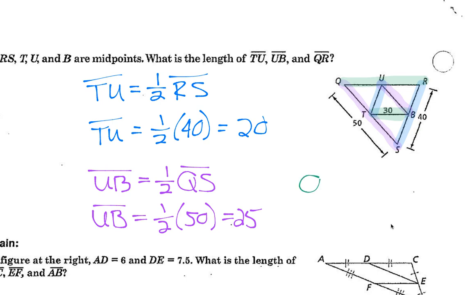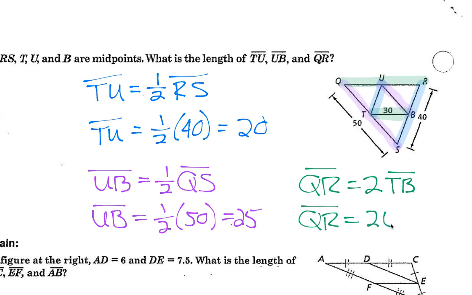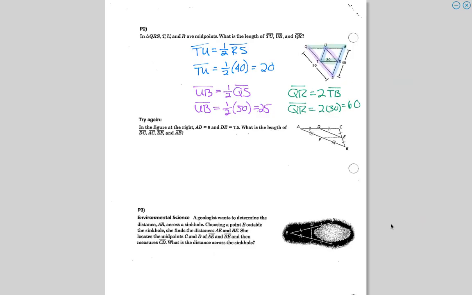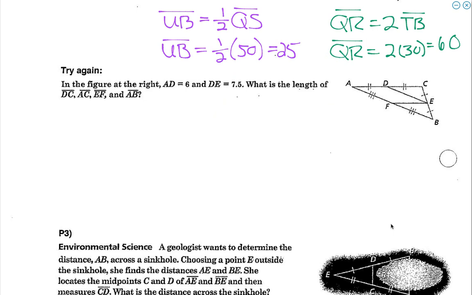So we can write it as QR equals twice TB. All right, same idea. Go ahead and pause it. Try it on your own.